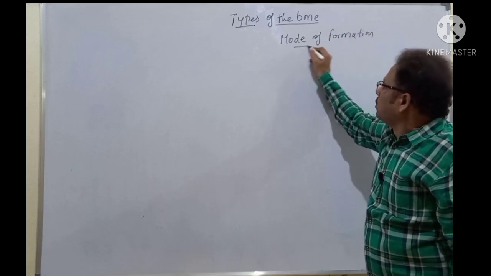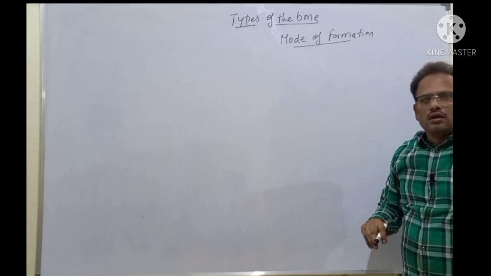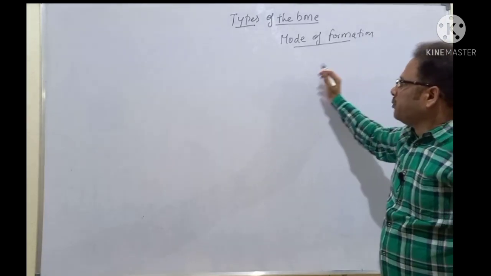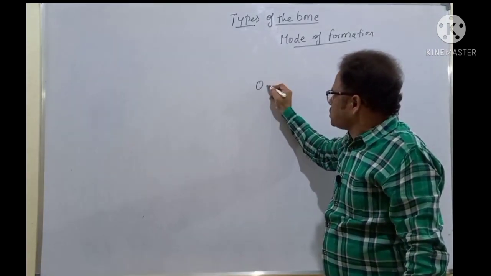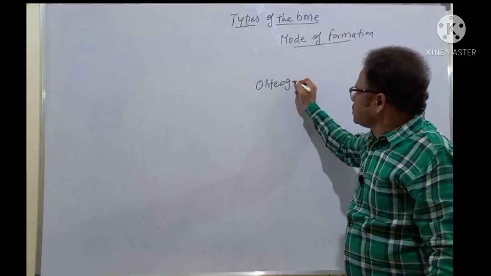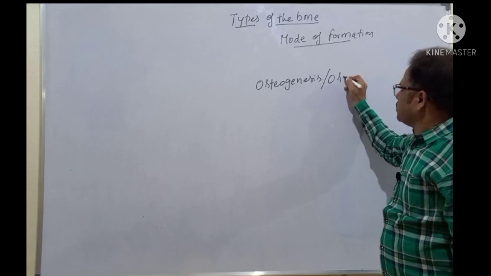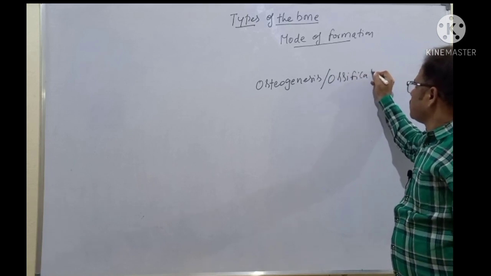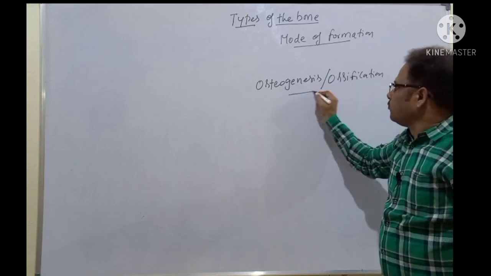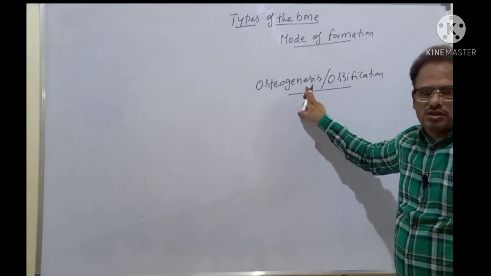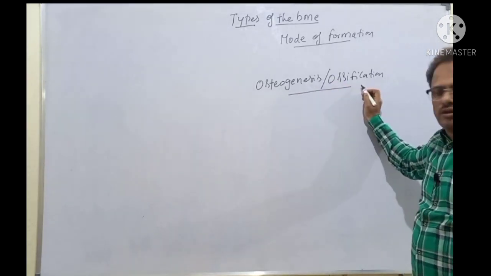What is a manner? How they are formed. The formation of bone is called osteogenesis, also called ossification. The process of bone formation is called osteogenesis, also called ossification.